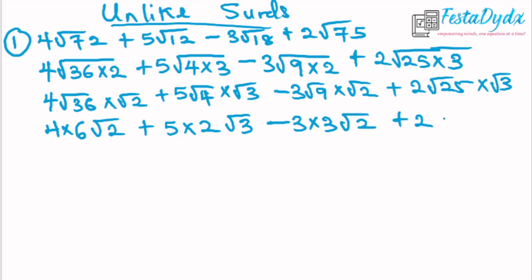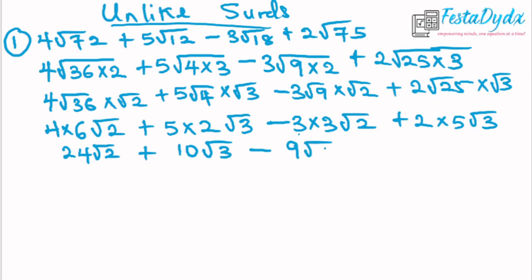The square root of 25 gives us 5. Then we'll have our root 3. So multiplying the numbers together, 4 times 6 is 24 root 2 plus 5 times 2 is 10 root 3 minus 3 times 3 is 9 root 2 plus 2 times 5 is 10 root 3.